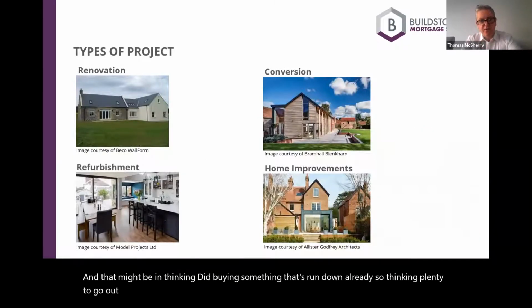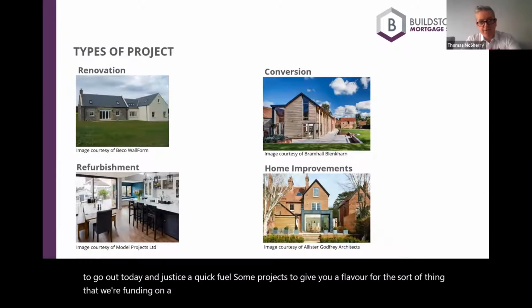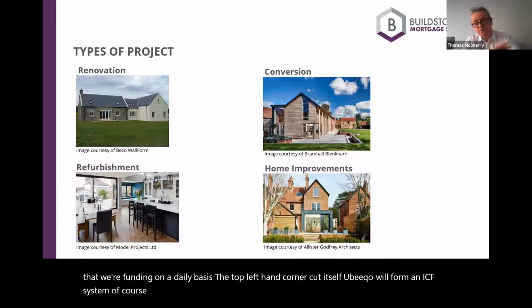Just as a quick feel, here are some projects to give you a flavour of the sort of thing that we're funding on a daily basis. The top left-hand corner, courtesy of Beco Wallform, an ICF system, and in the centre, a traditional old bungalow that's had a beautiful modern extension added to it.